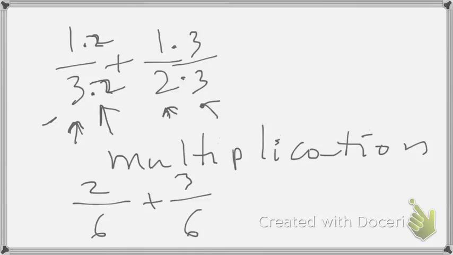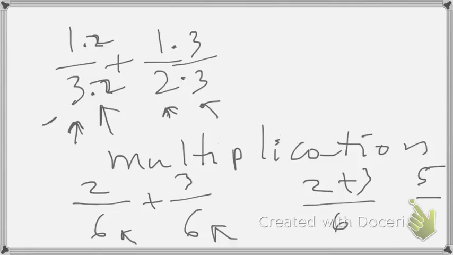And because of that, now the denominators both are the same. You just made a change to the original problem and made the denominator the same, and since the denominators are the same, now you can just add the numerators as usual, and the answer should be 5/6, and that's your answer. Simple, isn't it?